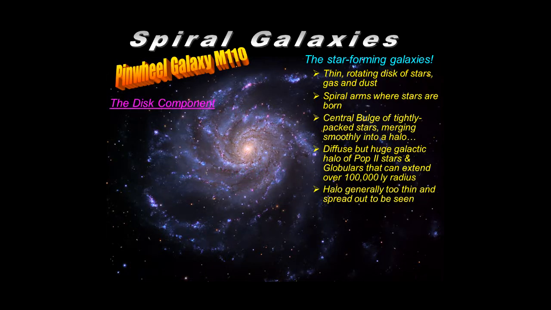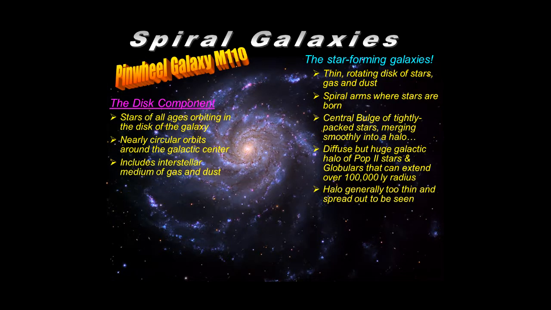There's the disk component. The disk component has stars of all ages, young population 1 stars and older stars as well, orbiting in the disk. Relatively circular orbits around the center of mass of the galaxy, near the center. Lots of interstellar gas and dust in this disk component. And then the spherical components.